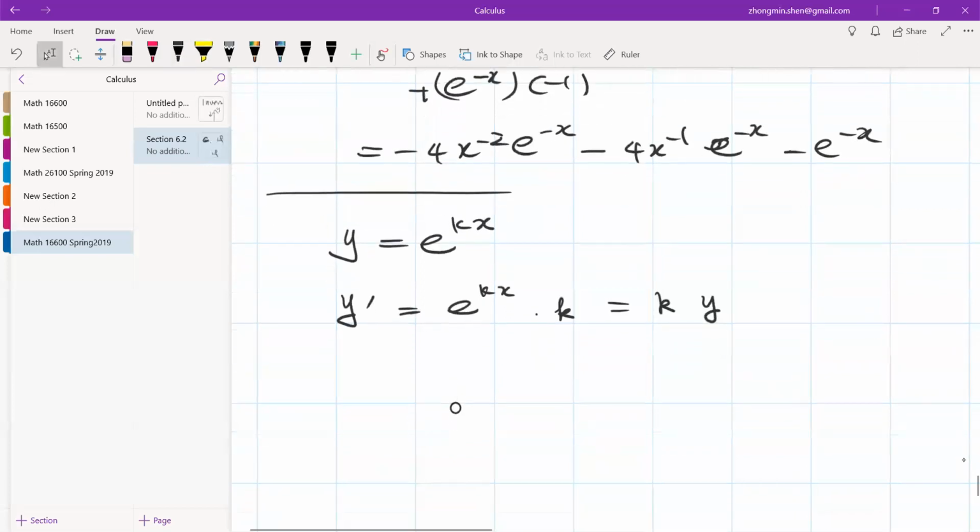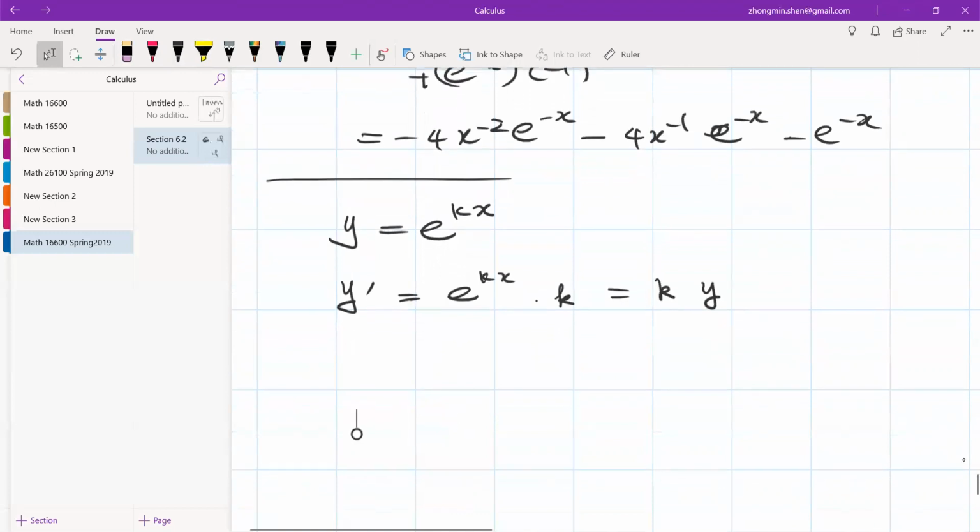If there's some quantity, I even put a more general form, I put a y naught here. So there was a constant here, okay? So leave that. Then this part is still replaced by y. So that means y prime equals k times y, okay?